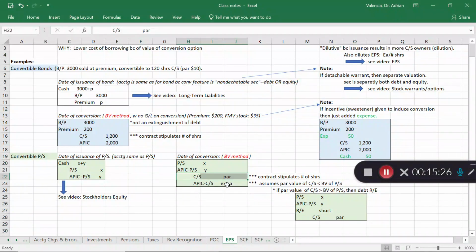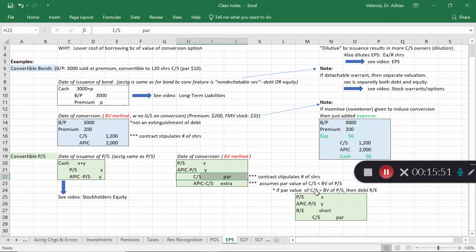But if the opposite is true, if the par value of the common stock, the par value times the number of shares you're given, if this amount right here is greater than the summation of X and Y, the book value of preferred stock, then technically you're not going to have extra for a credit. You would have to make up a debit here. So if that's the case, this is what this says.